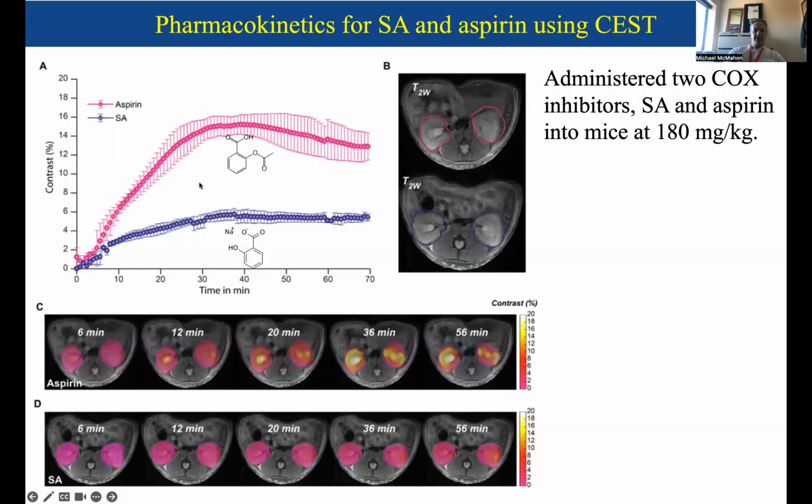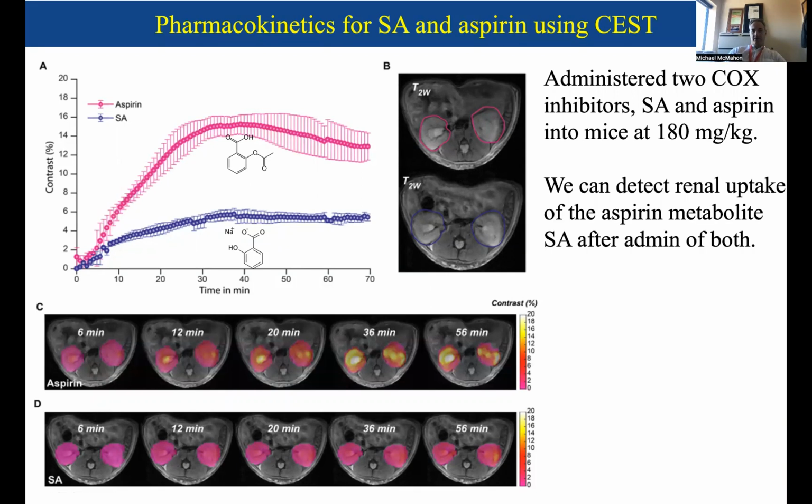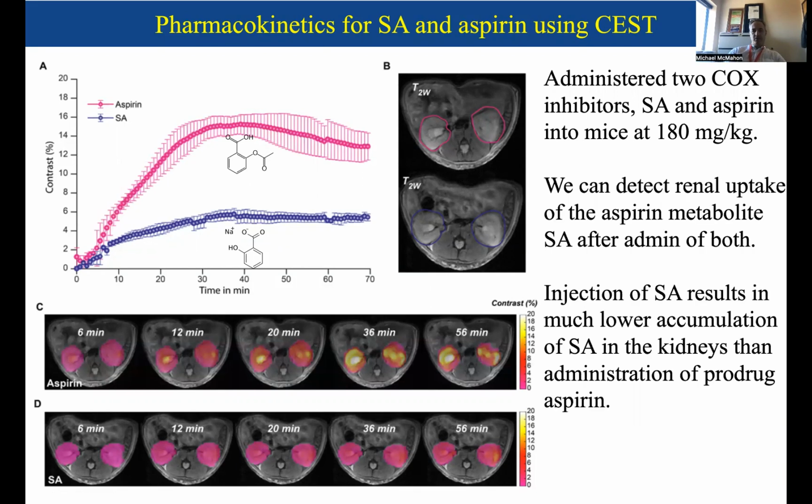However, if we injected aspirin, we saw much larger amounts of contrast by about a factor of 4 for the same dosage. And so use of aspirin injection into mice resulted in a larger amount of salicylic acid uptake in the kidney. And so that was one nice feature.